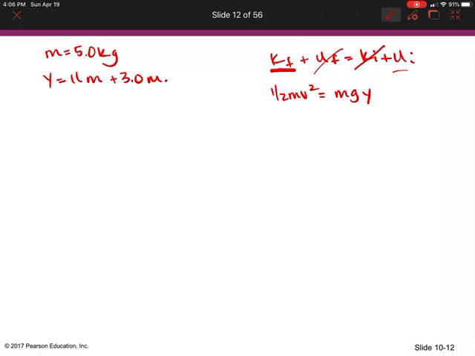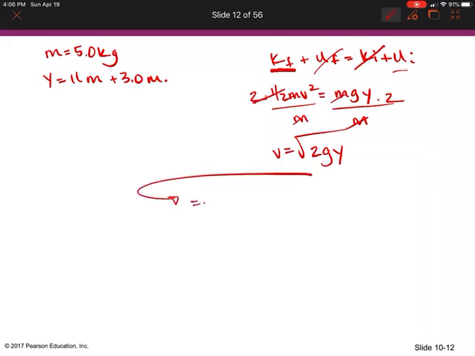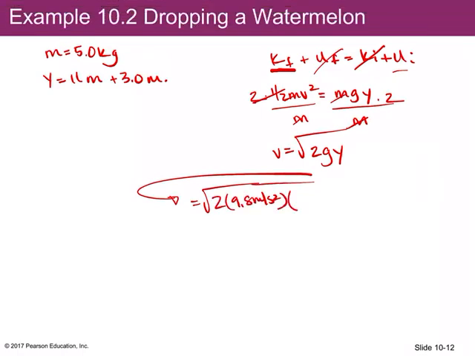Okay, and so you're going to solve for the velocity. So multiply both sides by 2. That's what I would do. So that gets rid of that. Then you're going to divide both sides by m, which gets rid of the mass. And then you're going to have to do the square root. So v equals the square root of 2 times gravity times y. So we have the square root of 2 times 9.8 times the height, which was 11 plus 3.